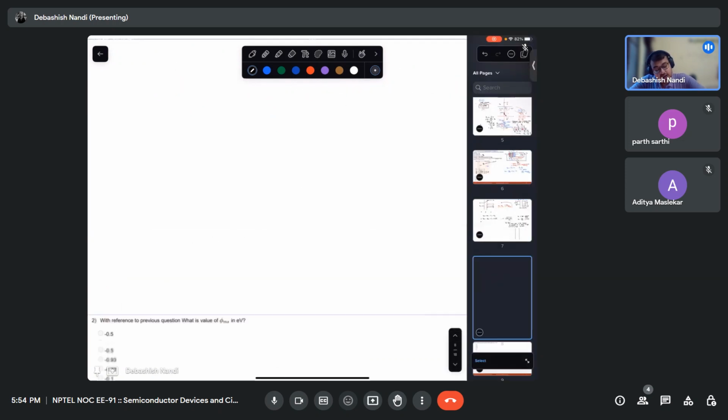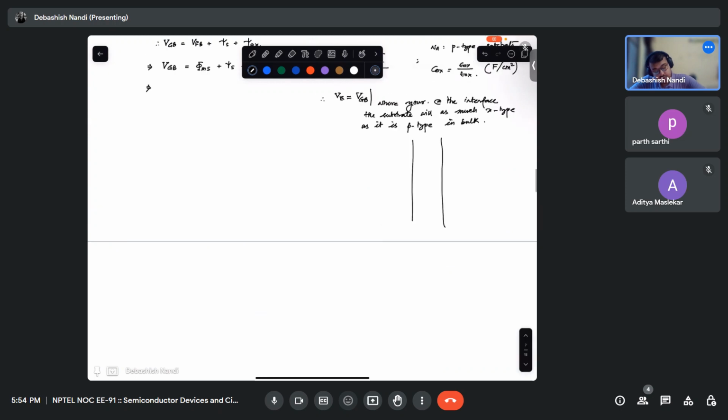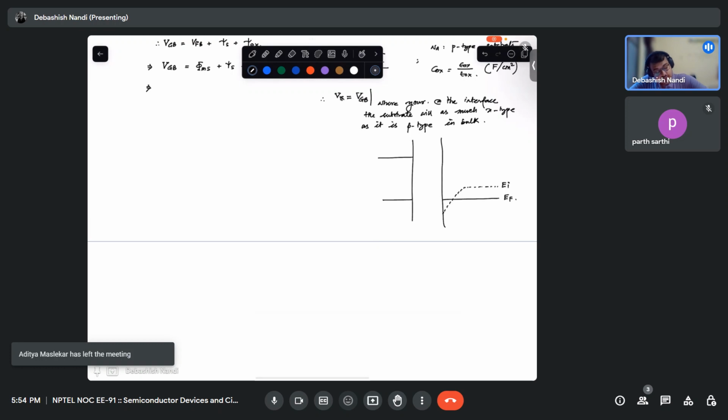if you draw the band diagram, let's say this is your EF and let's say this is your EI, this is EV, this is your EC, and this is somewhere here your E0.